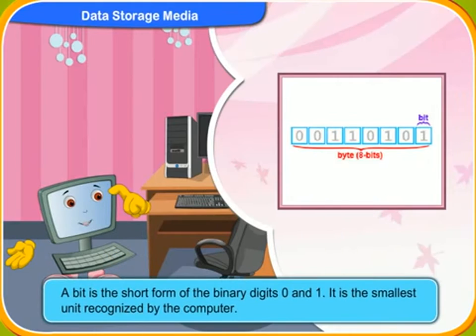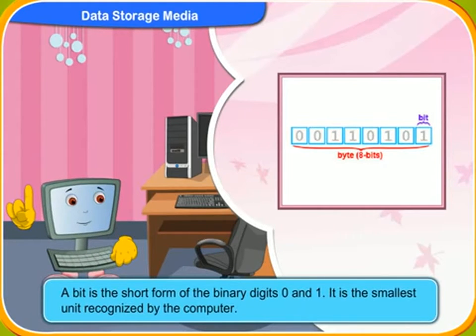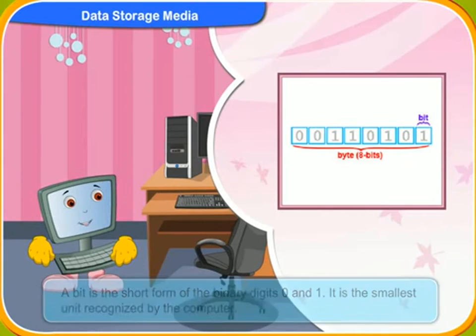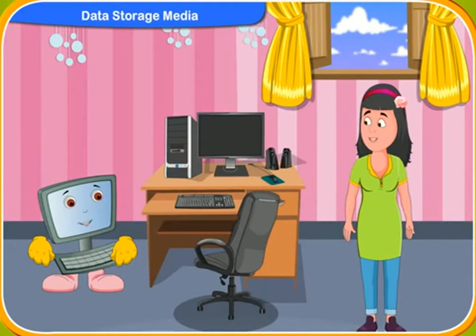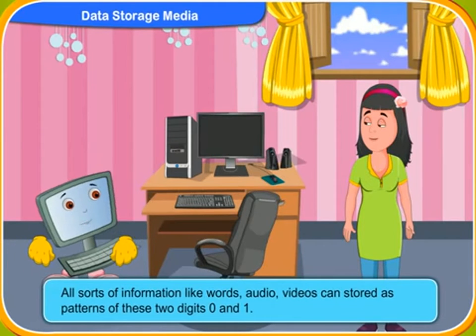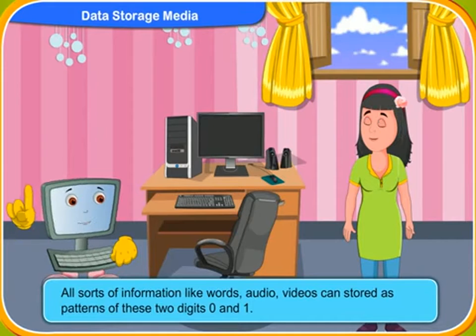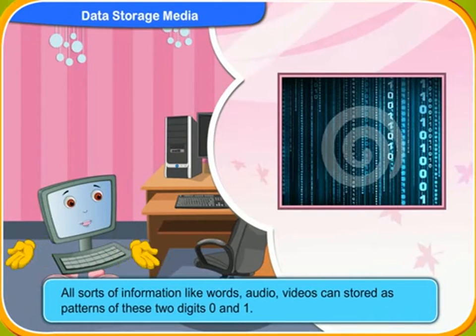A bit is actually the short form of the binary digits 0 and 1. It is the smallest unit recognized by the computer. What does this 2 binary digits or bits do? All sorts of information like words, audio, video can be stored as patterns of these 2 digits 0 and 1.